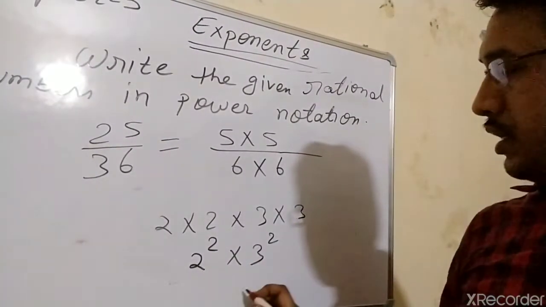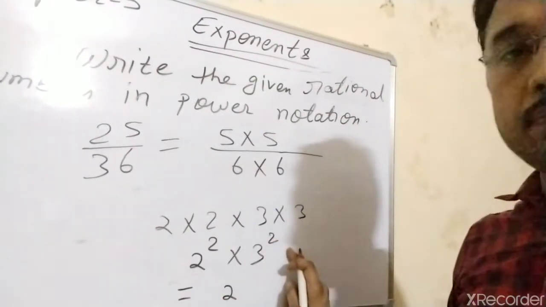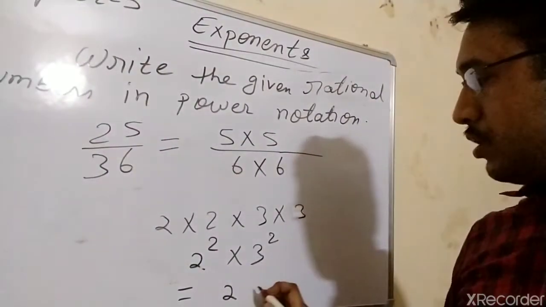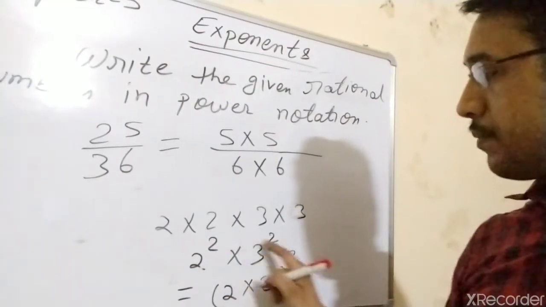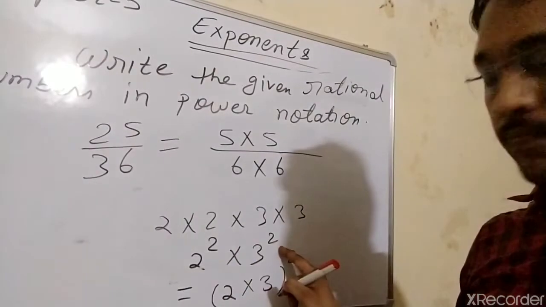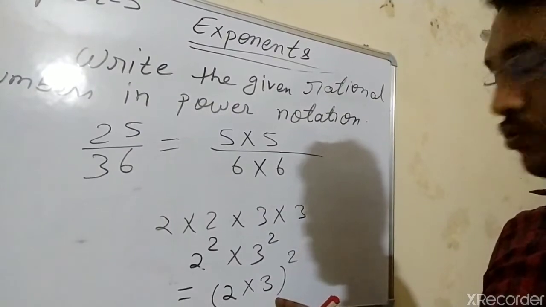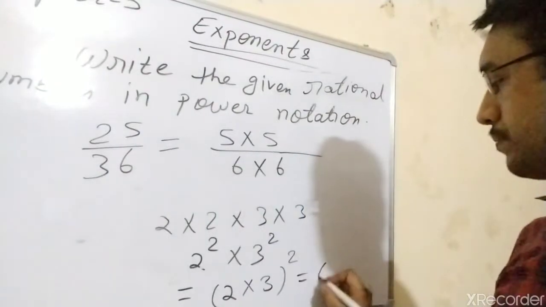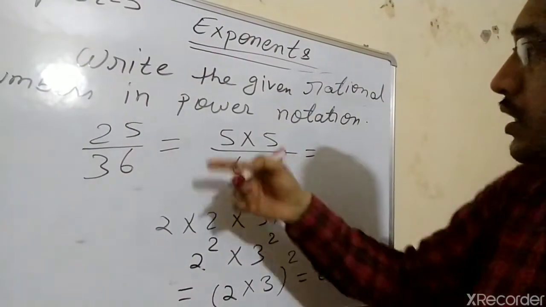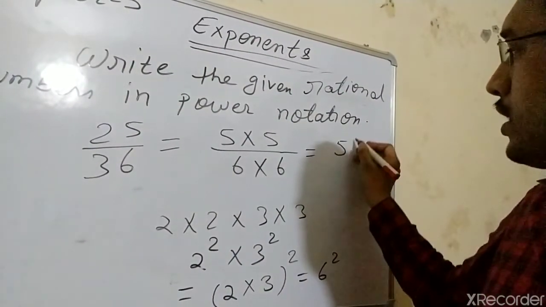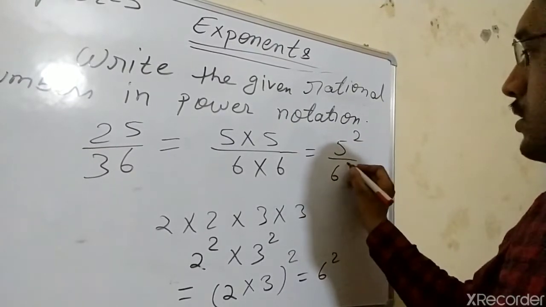You can take the common power because both numbers have the same power. So you write 2 into 3, to the power 2. That means 6 square. So anyhow you have to convert into such numbers where the numerator and denominator have the same power. So 5 square, now it is 6 square.